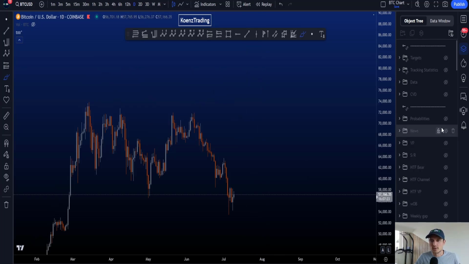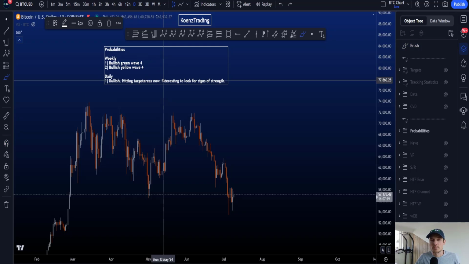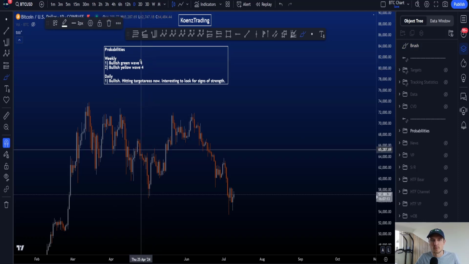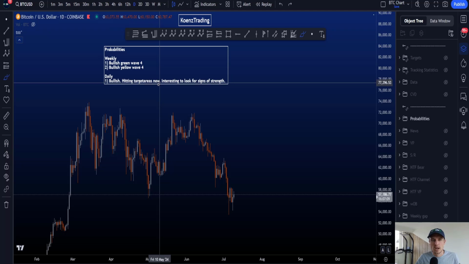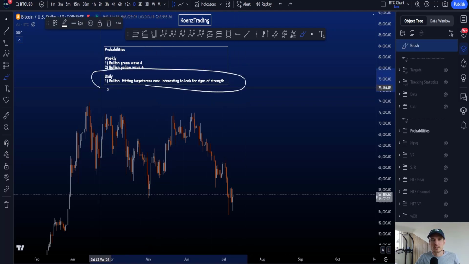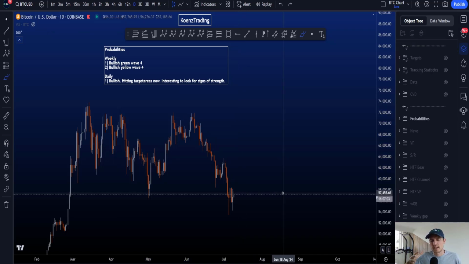And if we then finally look at the probabilities of the different scenarios, then on the weekly time frame, the probabilities are highest for the weekly scenario that I've shown first, where we're working on the green wave 4. And then on the number 2 position, we have the yellow wave 4. On the daily time frame, the probabilities are also highest for this to be a 3-wave corrective structure, either a zigzag ABC or a WXY, but generally simple structures are preferred before giving higher probabilities to complex structures.